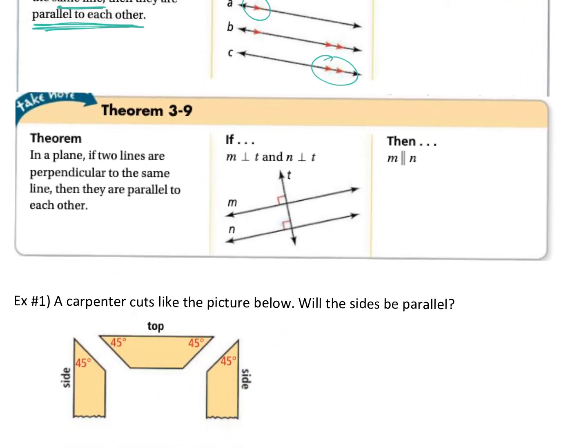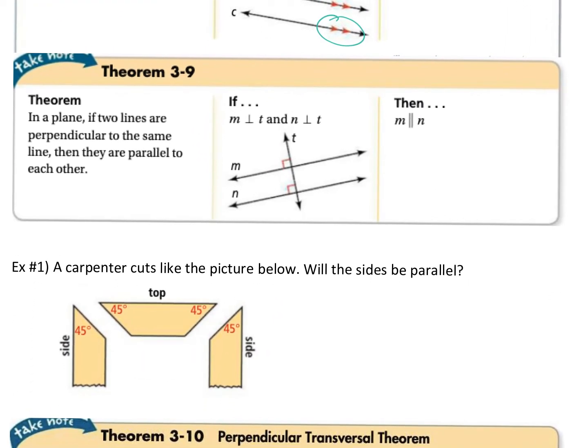The second one is very similar. I won't make you do this because someone needs to lay down on the ground if we do it that way, so we're not going to do that. This one says, in a plane, if two lines are perpendicular to the same line, then they are parallel to each other. So if T is perpendicular to M and T is perpendicular to N, then M and N must be parallel.